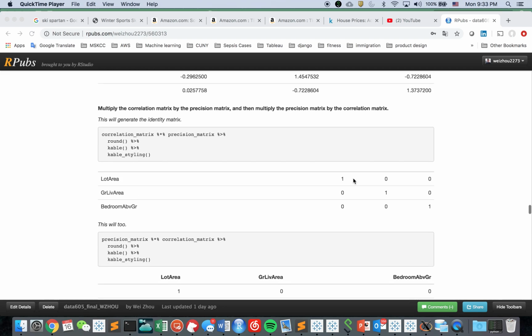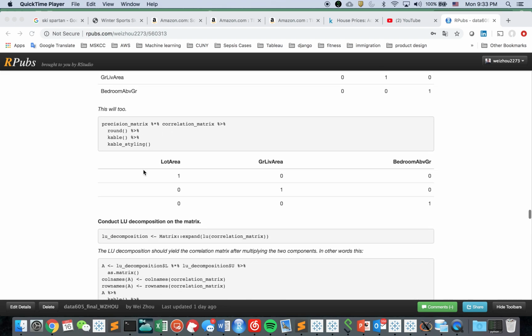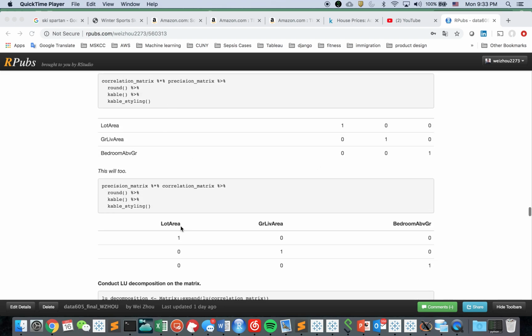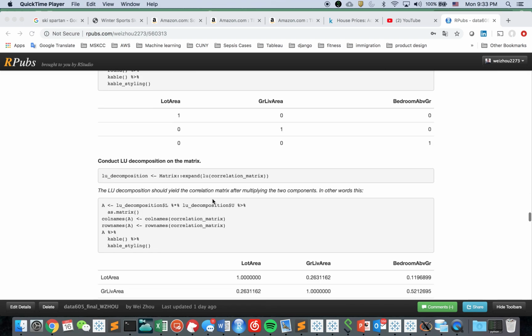So we get both the correlation matrix and precision matrix, and then multiply them using the matrix multiply function. And this is the result. We can get an identity matrix.